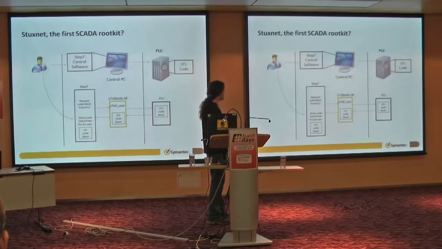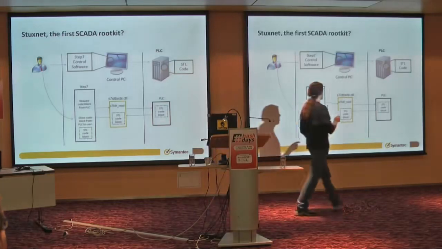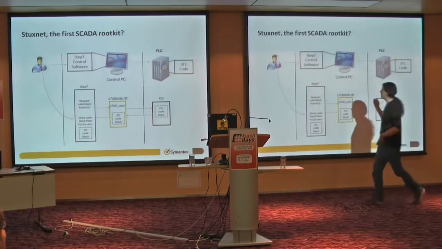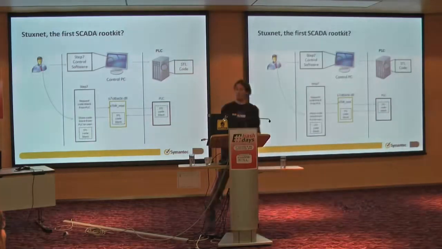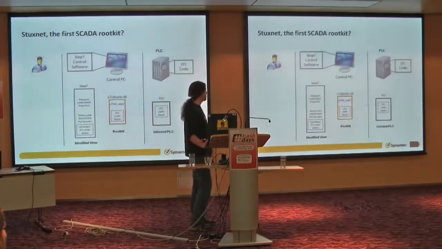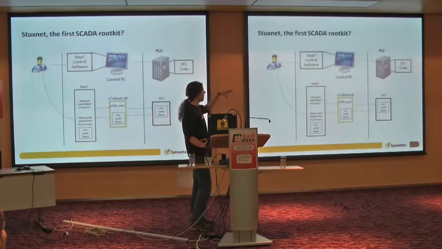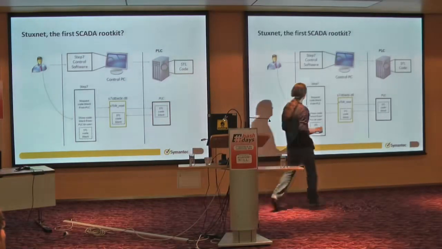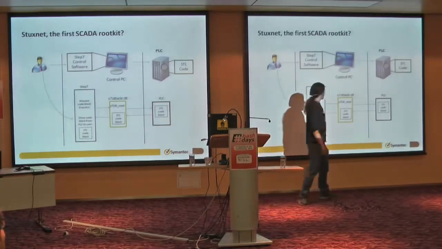Stuxnet was infecting code in the programmable logic controller, and the way an operator uses the Step 7 software is he makes a request to the PLC, and all those requests are being routed by a library, which is this one.